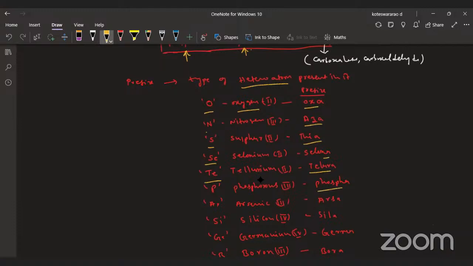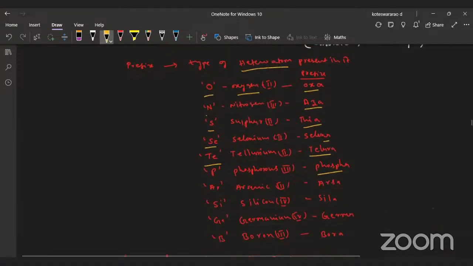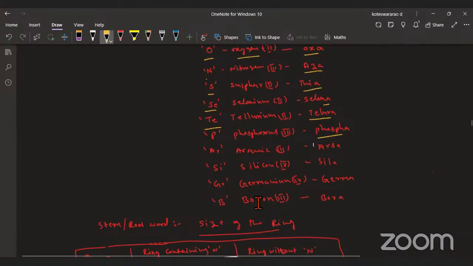Arsenic, arsa. Silicon, sila. Germanium, germa. Boron, bora. Like that, we indicate the heteroatoms by the prefix word with respect to the heteroatom present.